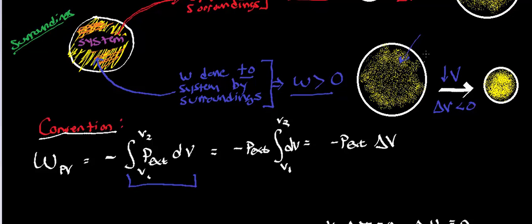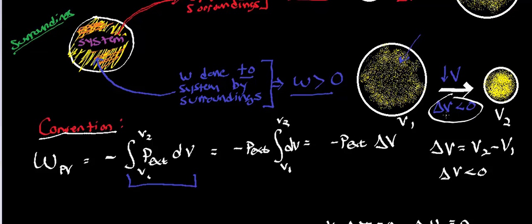We start with a larger volume and compress the container to a smaller volume. In other words, this is V2, this is V1. Delta V is always V2 minus V1. Notice that V2 is smaller and we're subtracting a larger number, because volume 1 is larger.